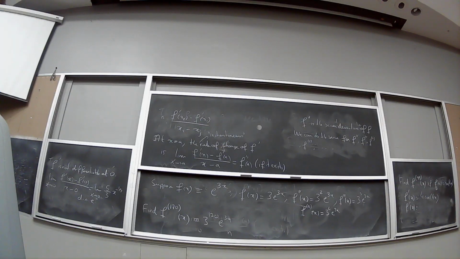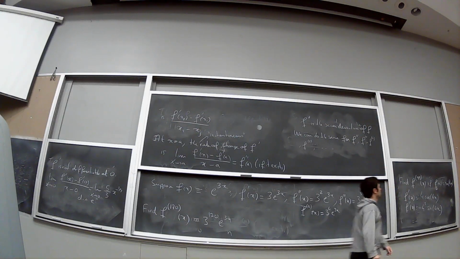I always want a 4 to appear, but I just want a power of 4 if you need that. Someone else who volunteers to differentiate that? Yeah? Negative 4 squared sine 4x. Thank you very much. The derivative of cosine is minus sine. 4x I differentiate, I get 4. So 4 times 4, right? Minus 4 squared sine 4x.